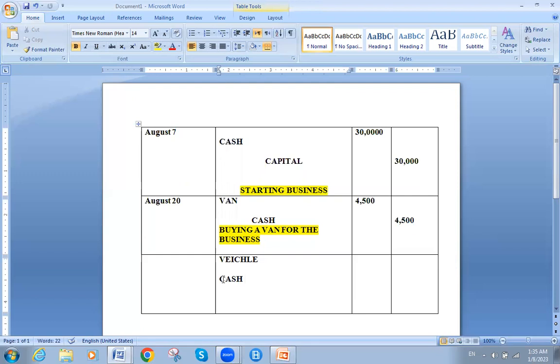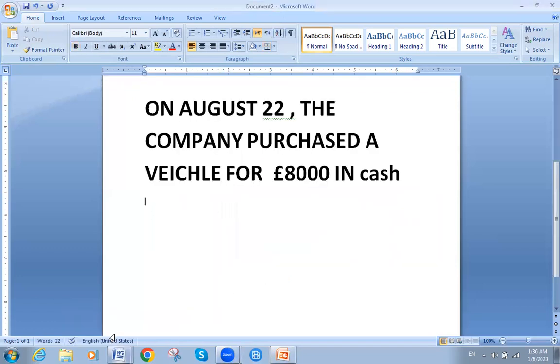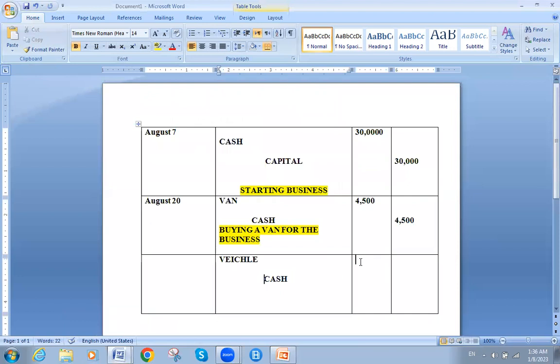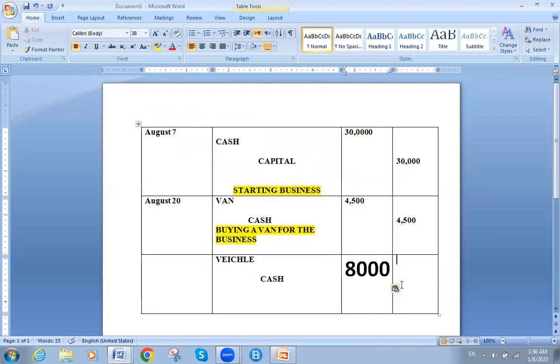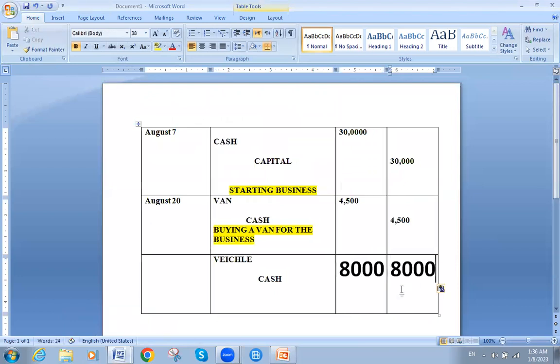I will move the cash a little bit forward there. Vehicle into cash, and the amount of the transaction was 8,000. I'll put 8,000 here, control V, and again the 8,000 here, control V.